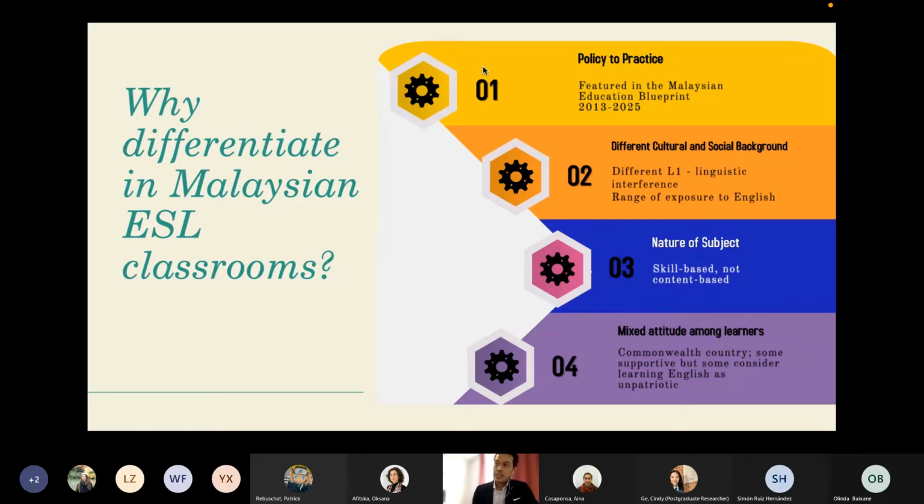So English is learned by the majority of the population in the country as a third language. To some Malays, it's a second language, and to some other Malays, it could be a third language, because some of them do learn Arabic.